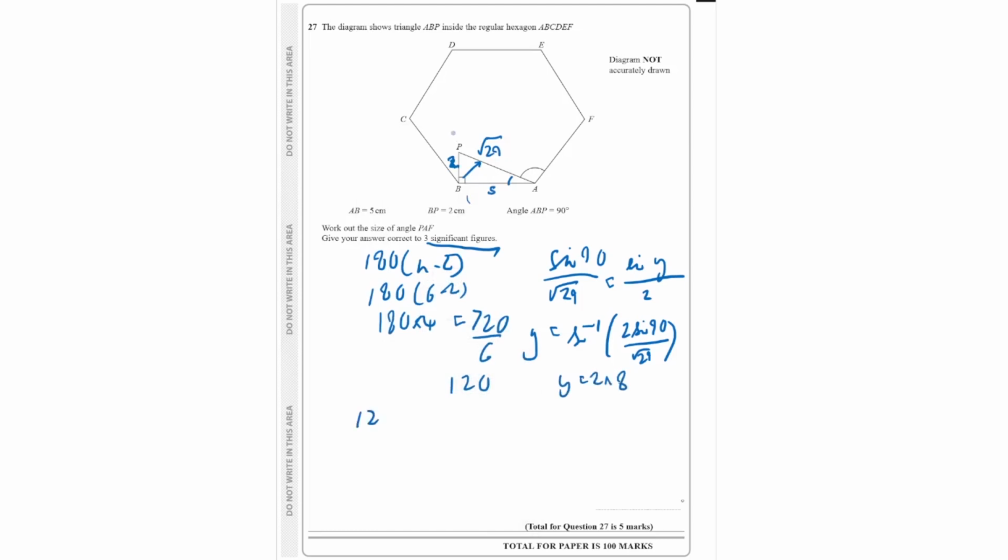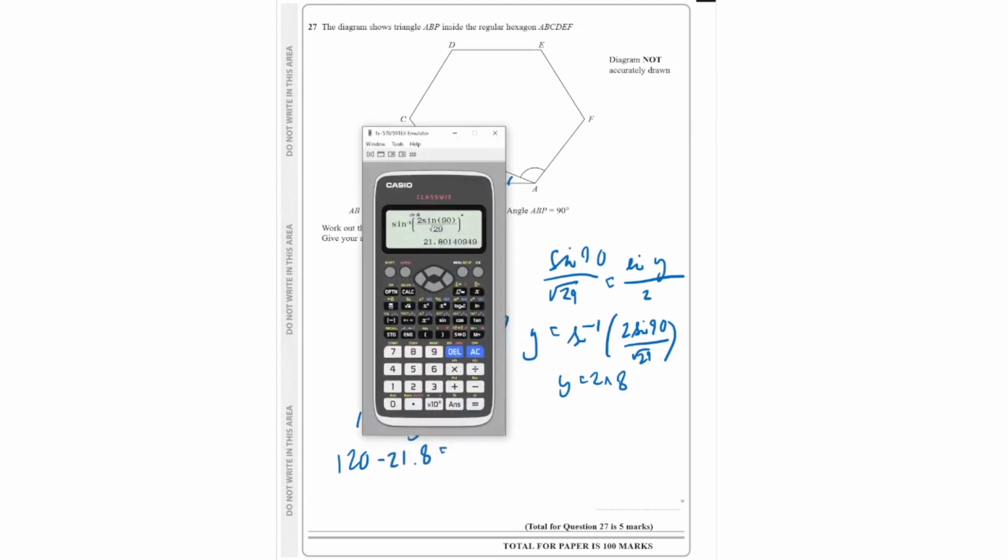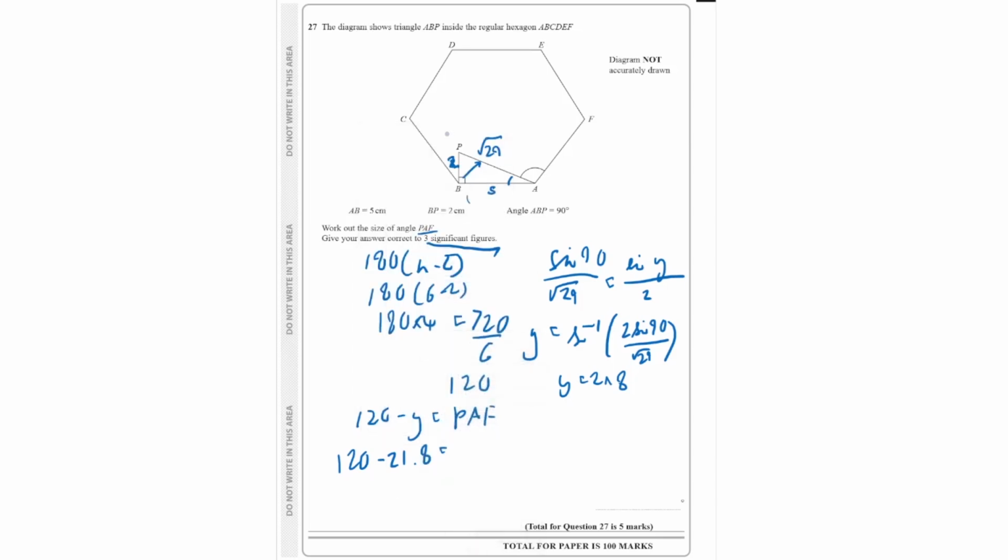Now, 120 minus y will give us our angle PAF. So, 120 minus 21.8 gives us 98.19.